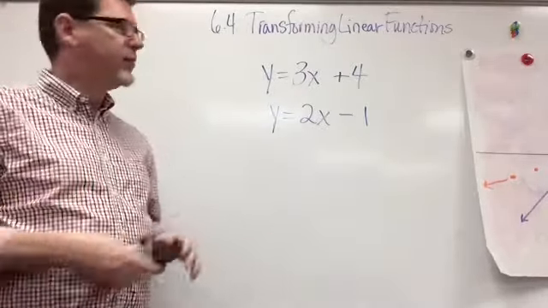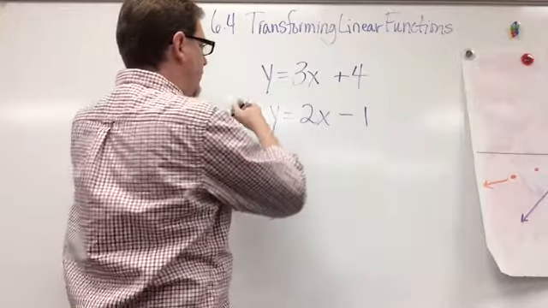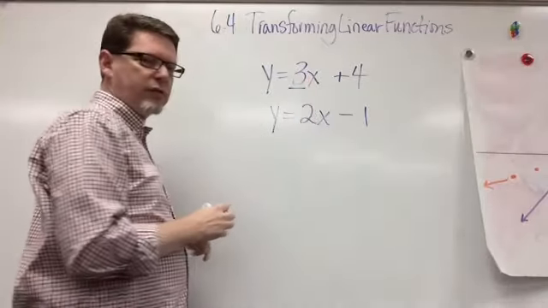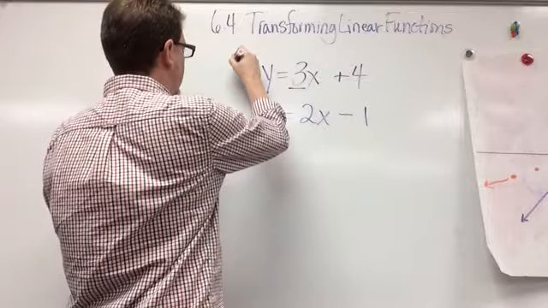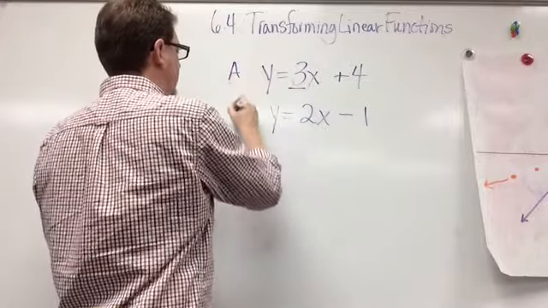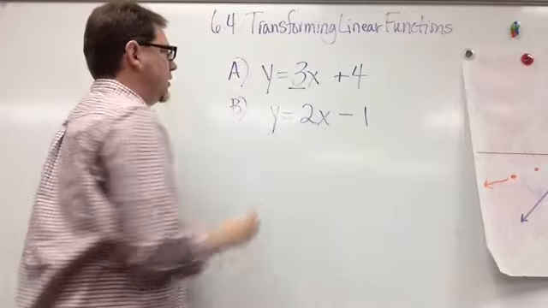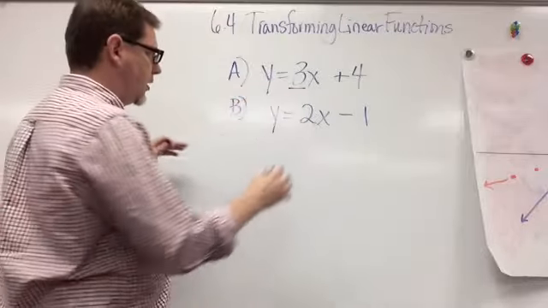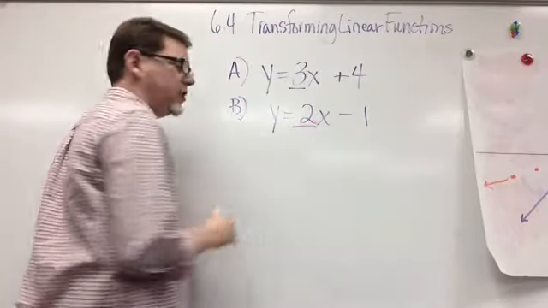First of all, let's look at slopes. So I've got a slope of 3 in the first one, and we'll call it equation A, and then we'll call it equation B. For equation A, I have a slope of 3, and for equation B, I have a slope of 2.